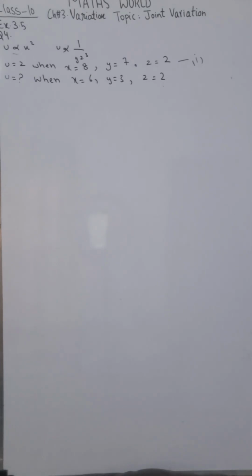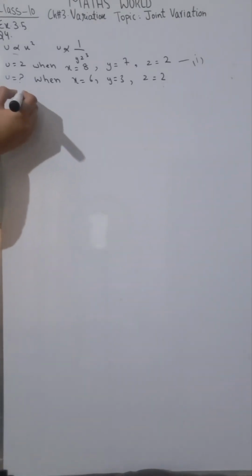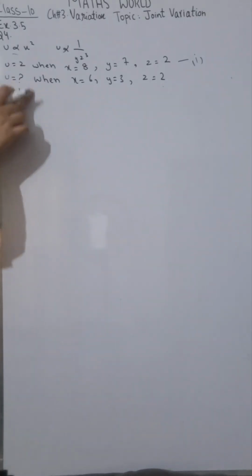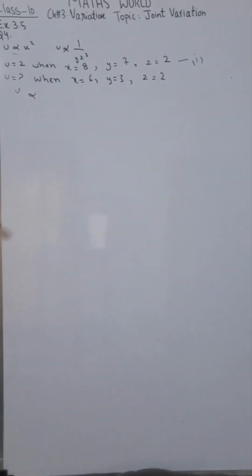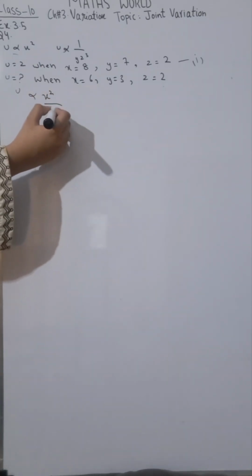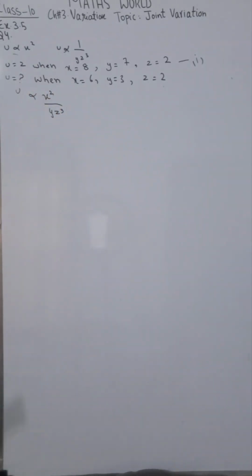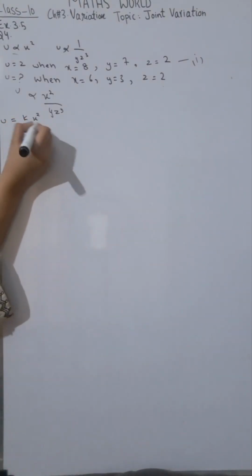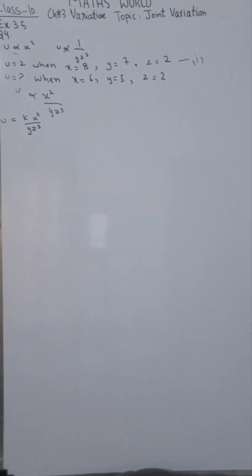And for the joint variation, you can write it like this: u is proportional to x square divided by yz cube. Now you're going to replace this, so u is equal to k x square over yz cube. Now simply find the value of k.